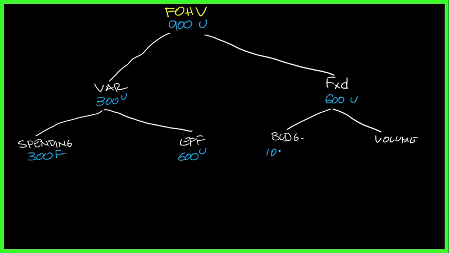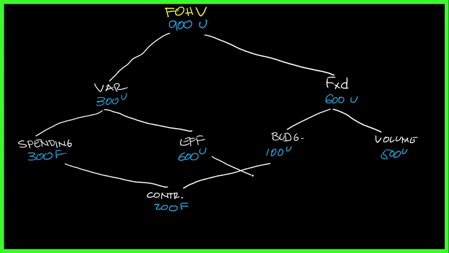Now for your fixed, you have 100 unfavorable budget and 500 unfavorable volume. Okay, 100 unfavorable budget and 500 unfavorable volume. Now if you add these two, you will have here your controllable variance. Your controllable variance is now, magkano to? 200 favorable. Okay. Now, this one is now your capacity variance.